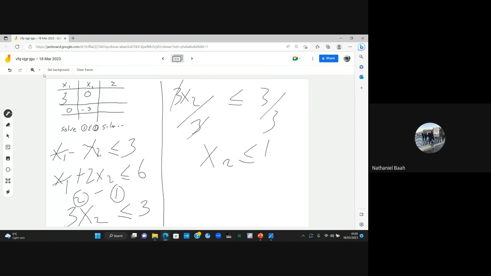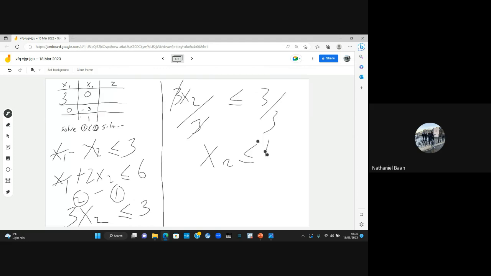Good. So we found this. So we've gotten x2 to be equal to what? 1. Perfect. So now if x2 is equal to 1, then when I put 1 here, I'm going to substitute x2, which is equal to 1, into equation 1.